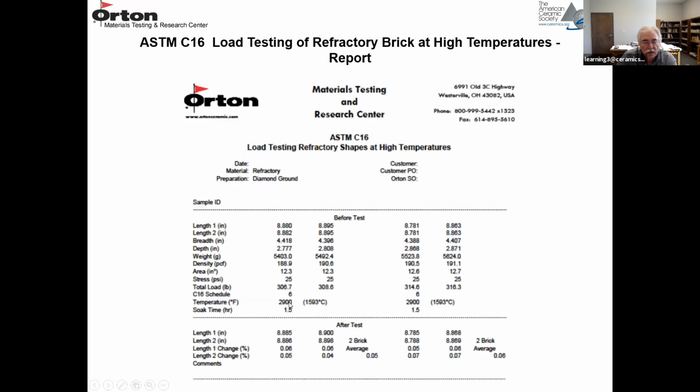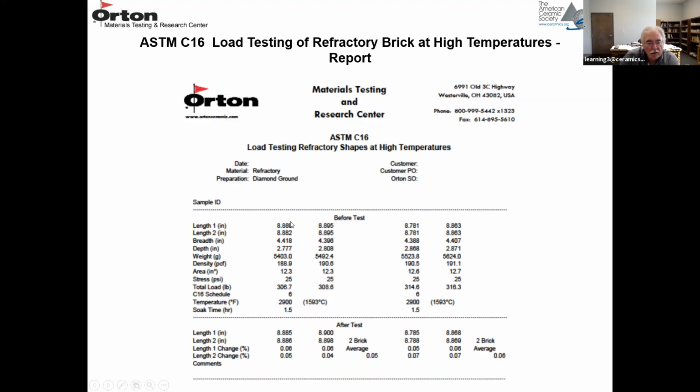So it was run to 2900, and it was held for the 90 minutes, or an hour and a half. And then after the test, the lengths were measured again. And this is what I mentioned before. This one actually is not negative. The length is actually slightly bigger than when we started for all 4 of these samples.